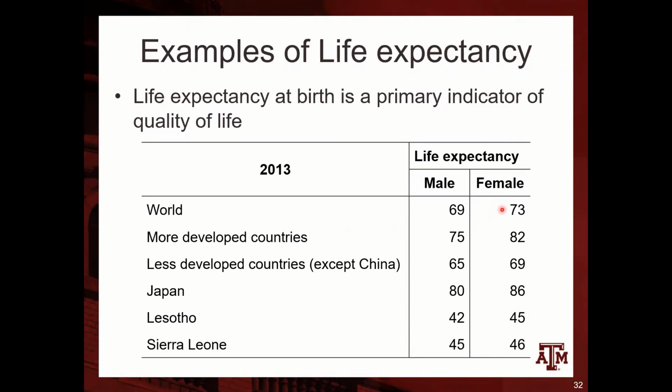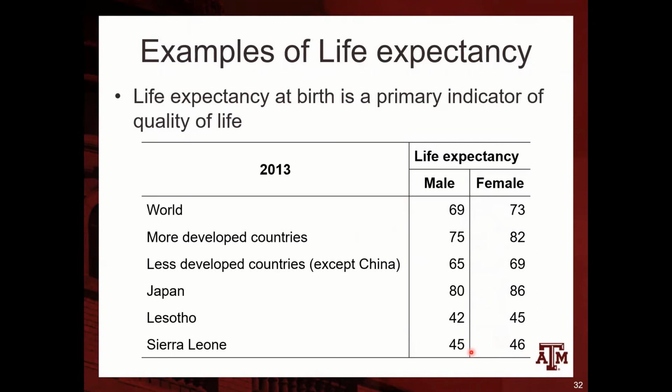So women are expected to live longer than men on average. In all these examples here, we see exactly that, women living longer, which means that their mortality rates are lower, their risks of dying are lower than men.